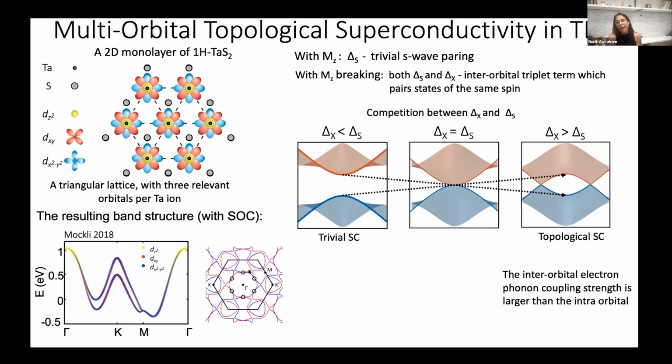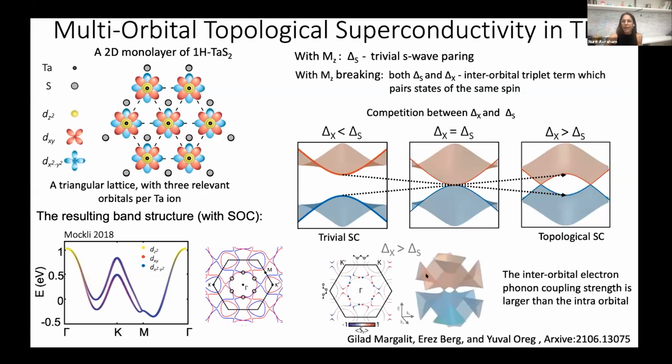And when delta X becomes dominating, then a nodal point structure is developed around these regions. In 3D, this is the way it forms. We see two nodal points forming in all these three directions. So here we see again the two-dimensional Brillouin zone, where these points mark the location of the nodal points that are formed when the inter-orbital pairing is dominating.